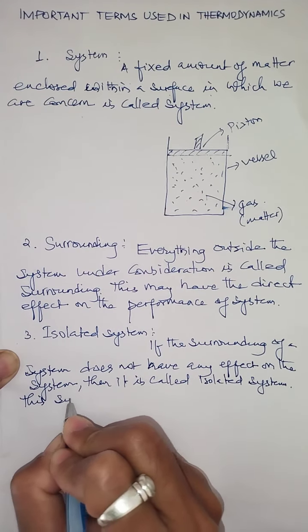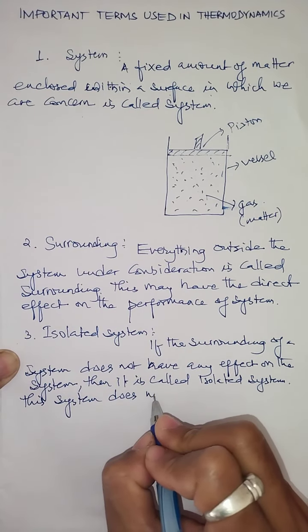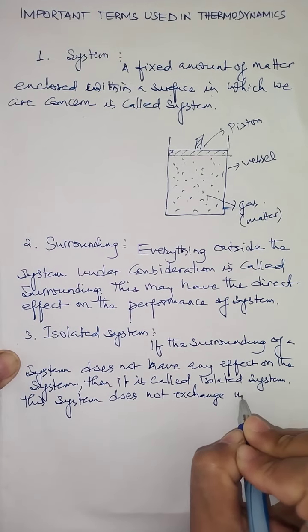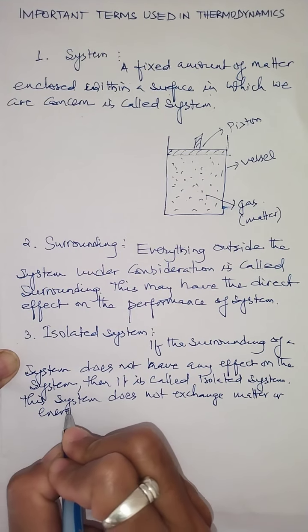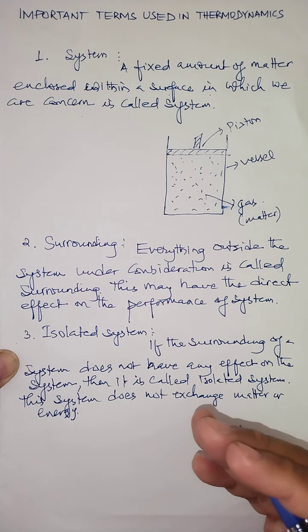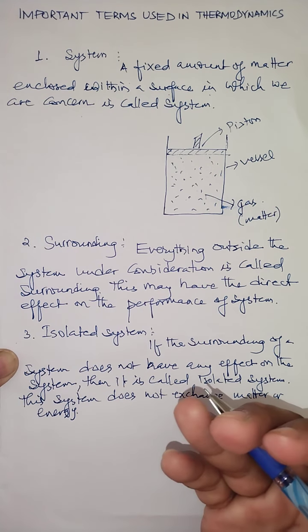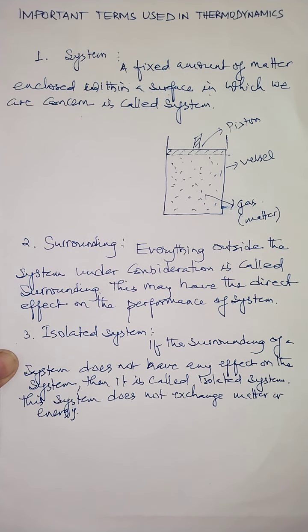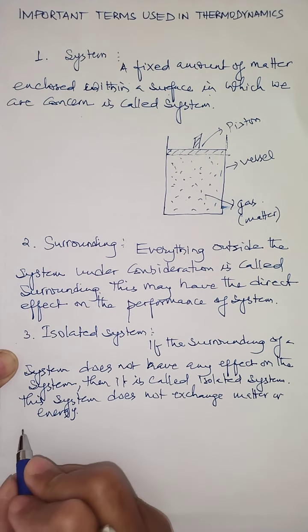Let me write down: this system does not exchange matter or energy. This means there is no exchange of heat as a form of energy between the system and the surroundings, and no exchange of matter between the system and surroundings, and that system is called an isolated system. There is nothing to do between this system and the surroundings. So this type of system is called an isolated system. Okay, so this is number 3.